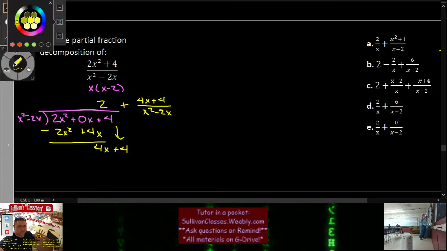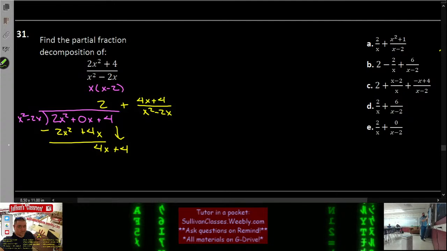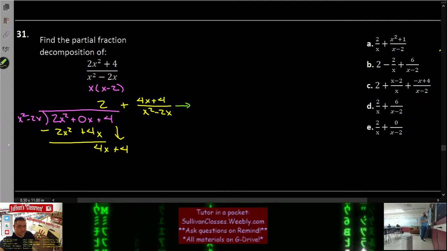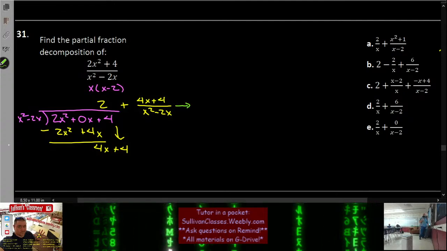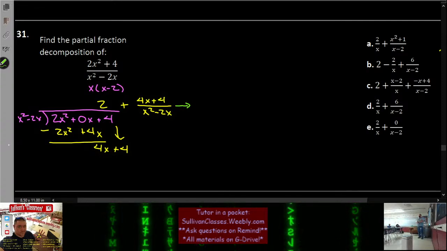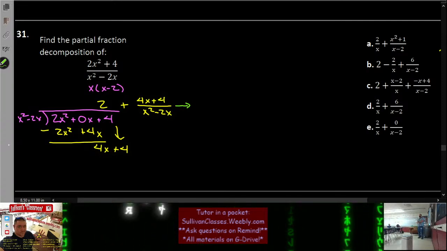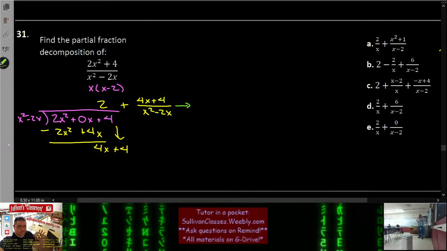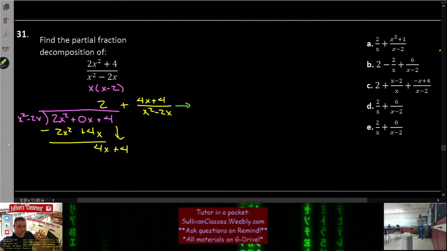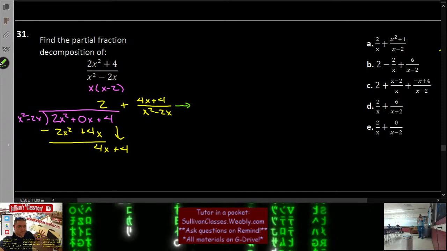So I will take only that rational part, and because there's no repeated factors, there's no, oh, we didn't do example 4.